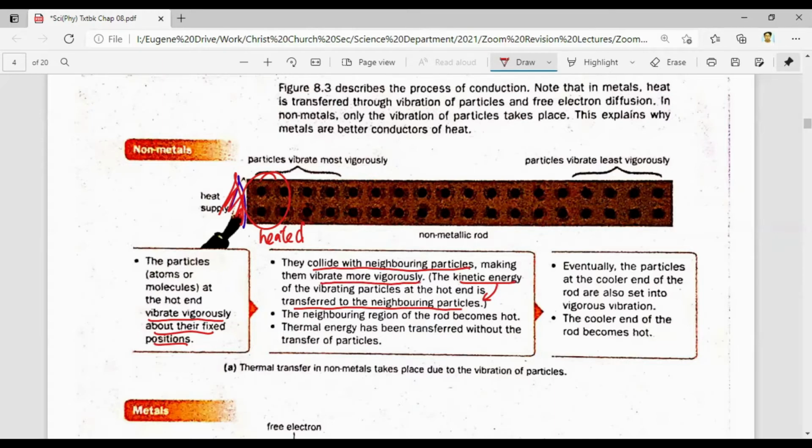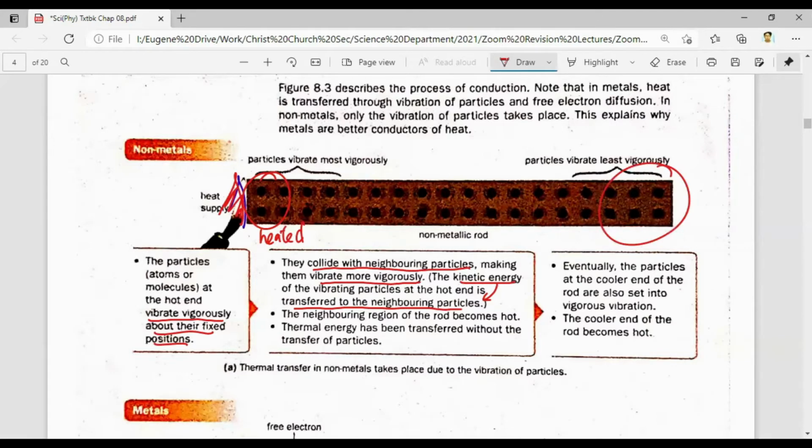So I repeat this part again. When you heat up, these particles vibrate more vigorously, and because there are neighboring particles around them, they will collide into them. In this collision, they pass the kinetic energy to the neighboring particles and cause them to vibrate even faster. This process carries on all the way until this part also becomes hot.